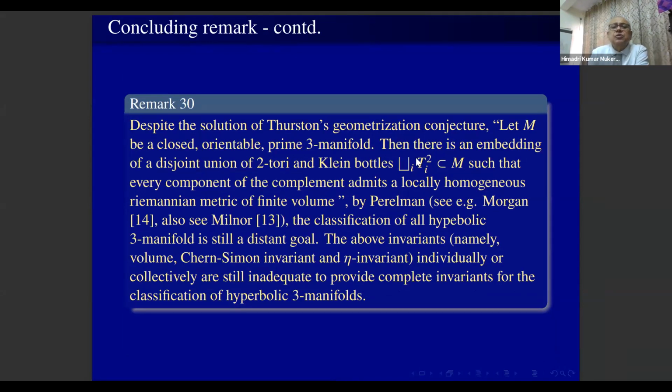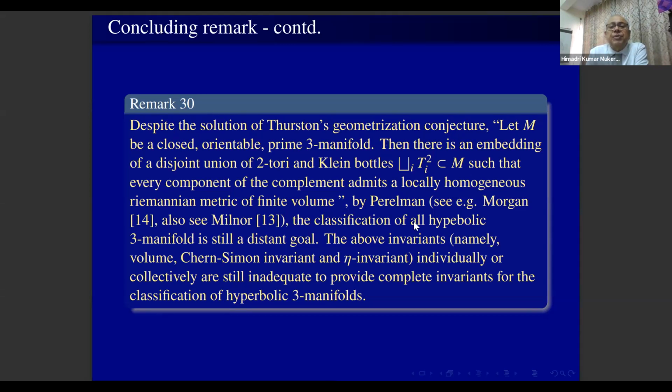Despite the solution of Thurston's geometrization conjecture, the conjecture which Ashish has stated, and I'm repeating it: let M be a closed orientable prime three manifold, then there is an embedding of a disjoint union of tori and Klein bottles in M such that every component of the complement admits a locally homogeneous Riemannian metric of finite volume.